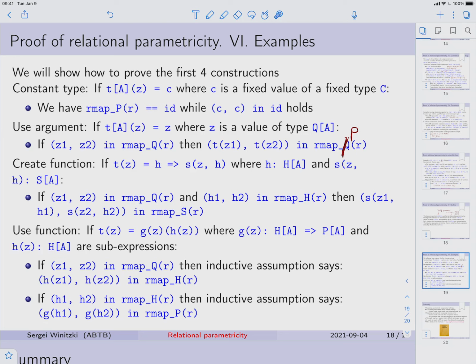This is always true because T of z1 is equal to z1, T of z2 is equal to z2, and P is actually equal to Q. So this is the same. R map of Q and R map of Q of P are the same. And so if z1, z2 are in R map of Q, then z1, z2 are in R map of Q. It's a trivial logical statement. So this is true.